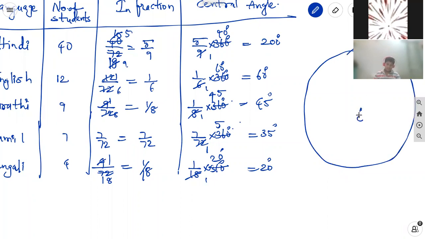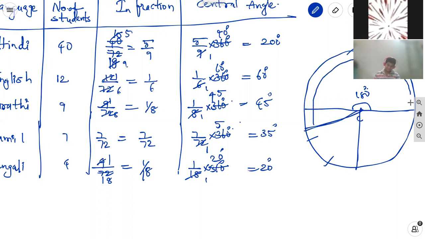Take a center point, making 360 degrees. This is 180 degrees. This is the total 180 degrees. Half of it is 90 degrees. 90 means 30, 30, 30, and then 60. In that we are taking 20 degrees.